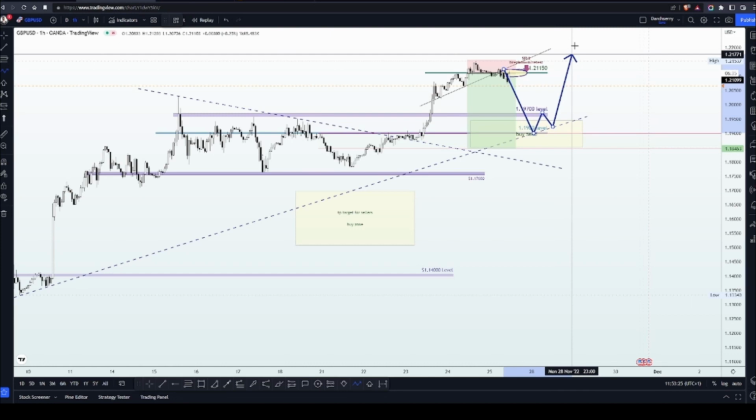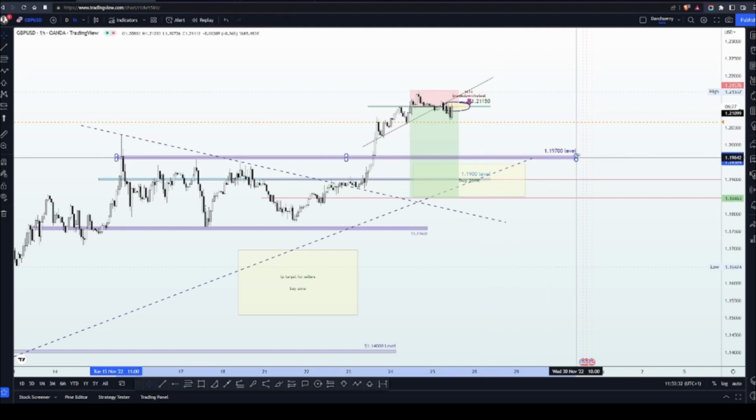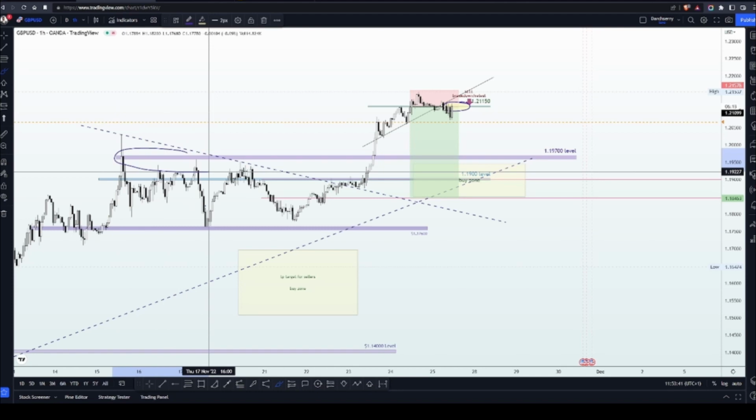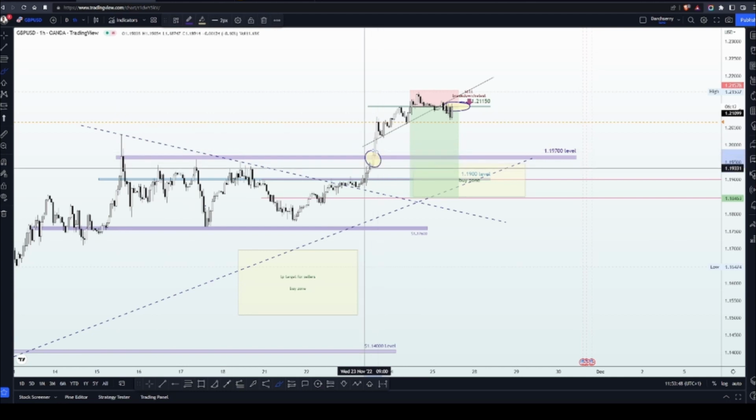And if you look at the trend line here, you can see how it also shares a confluence with that very important key level at the 1.19700 level. Remember, this level was a resistance point for price action since last week. We saw how that level was holding selling pressure before the breakout of that structure happened on Wednesday of this week.